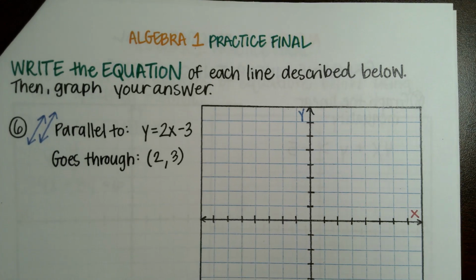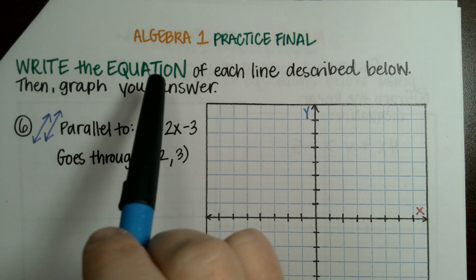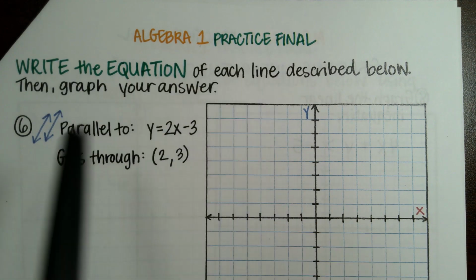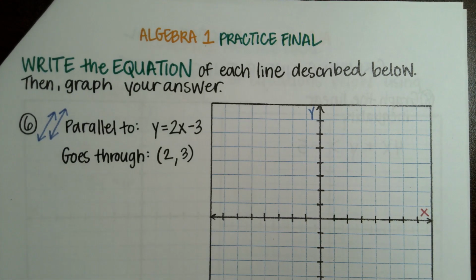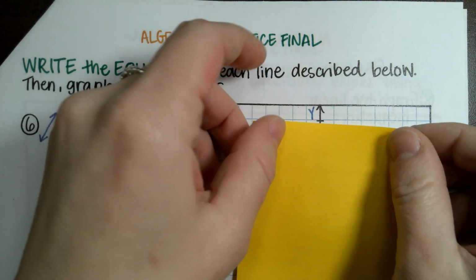The directions say to write the equation of each line described below and then graph your answer. So let's talk a little bit about what the steps are to writing an equation. Remember, there's 3 steps. You guys remember those 3 steps? What are they? Find m, find y, and then write equation.